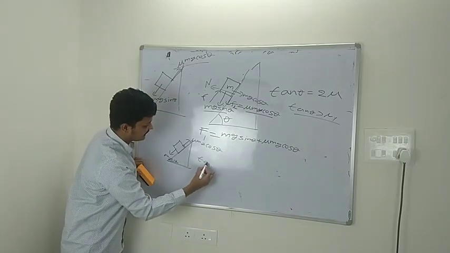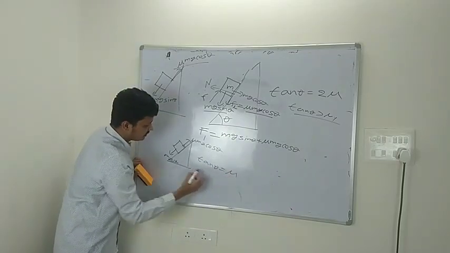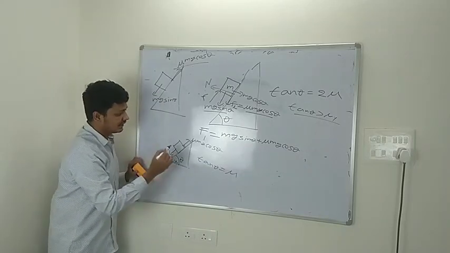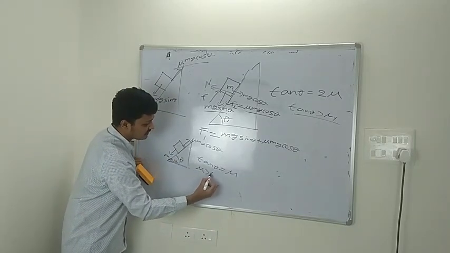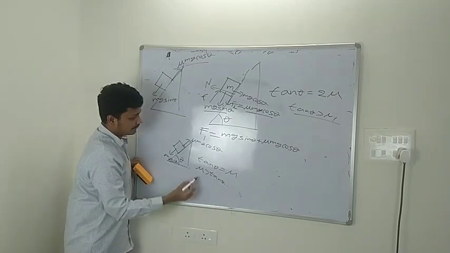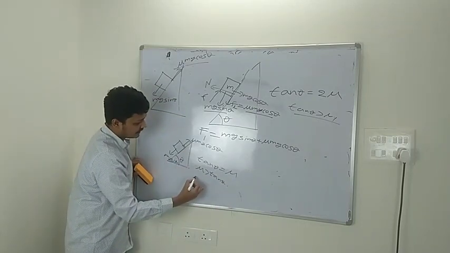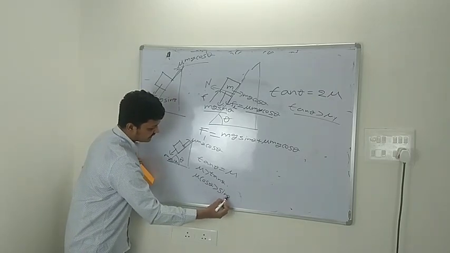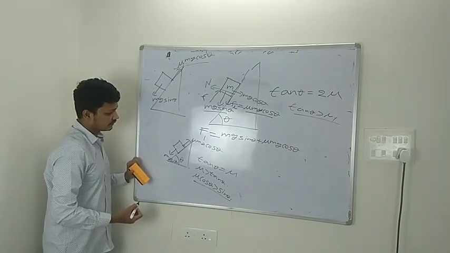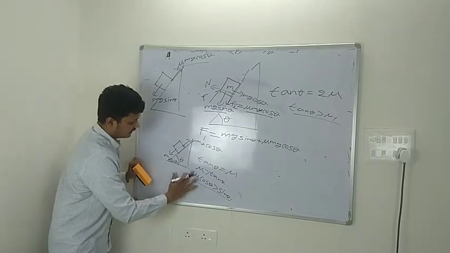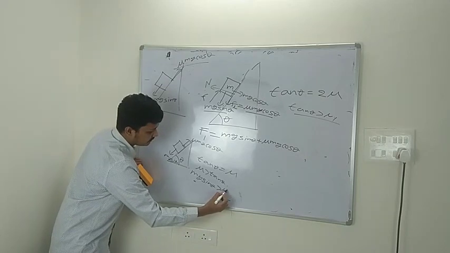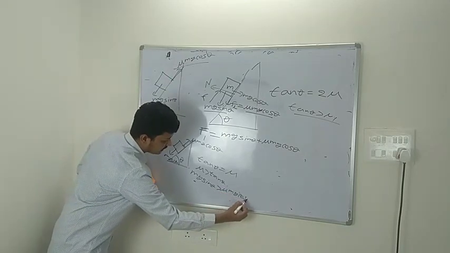So when tan theta is equal to mu, this is your angle of repose, and if this mu is greater than tan theta, then mu cos theta will be greater than sin theta. Okay, so let me write mg sin theta is greater than mu mg cos theta.